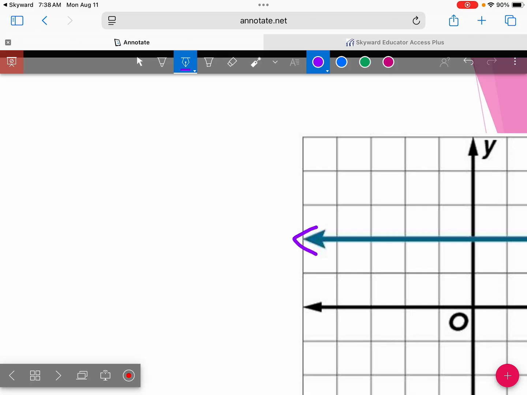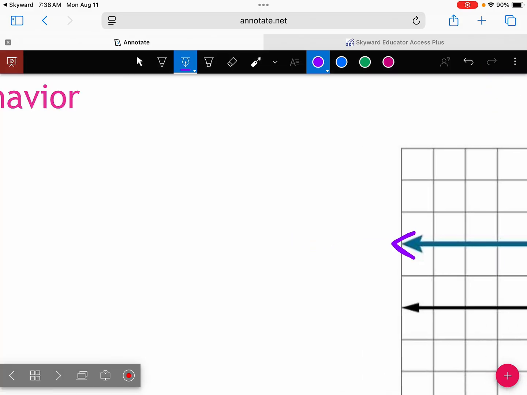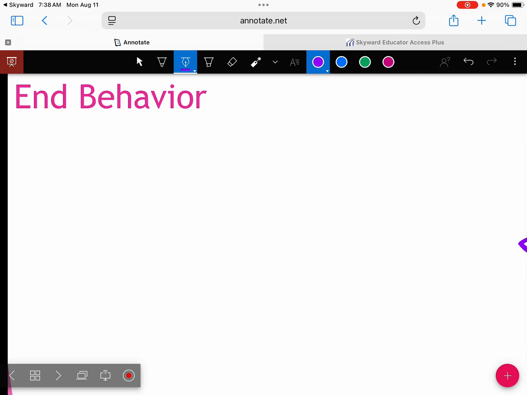So my left arrow over here, as we look towards the left, this means as my x's get more and more small, as this gets more and more negative, what happens to my y? What does my y go to? It just kind of stays where it is, right?